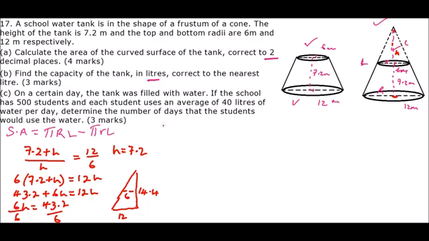Small l is equal to the square root of 7.2 squared plus 6 squared. That is using the Pythagoras theorem.